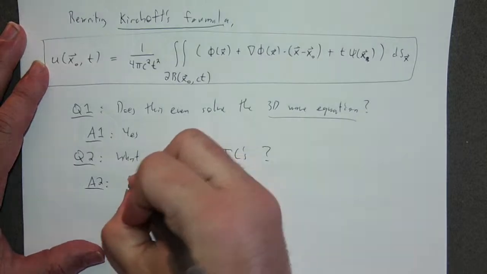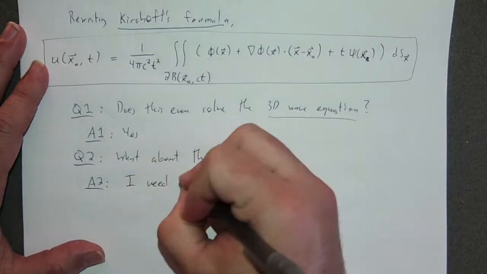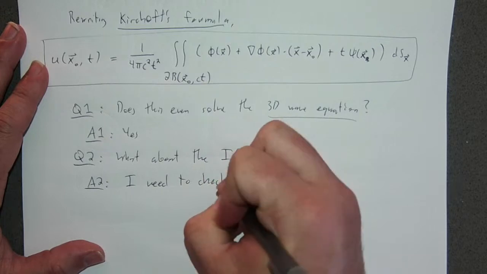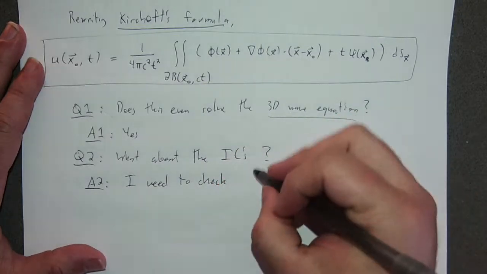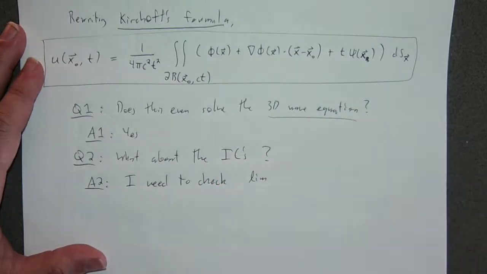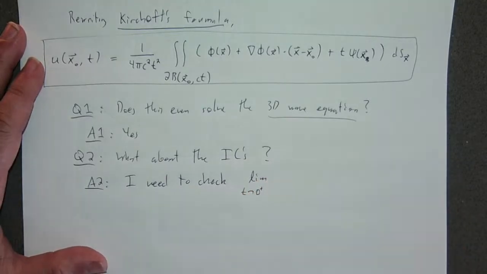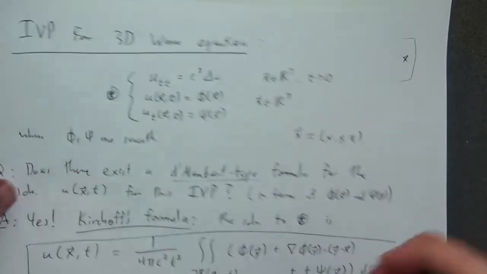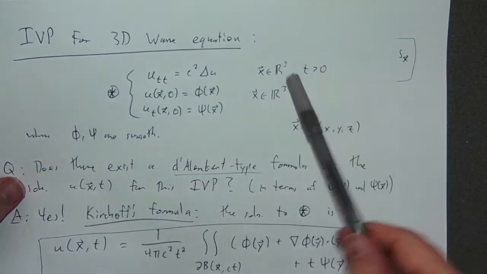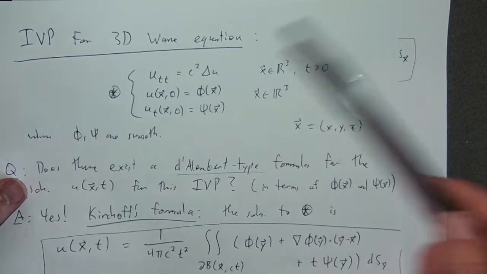I need to check a couple of things. I need to check the limit as t goes to 0 from the right. Since t is greater than 0, I only need to check the one-sided limit from the right.